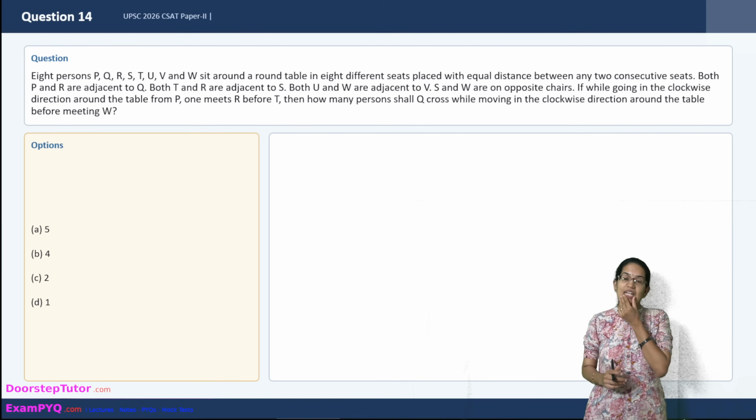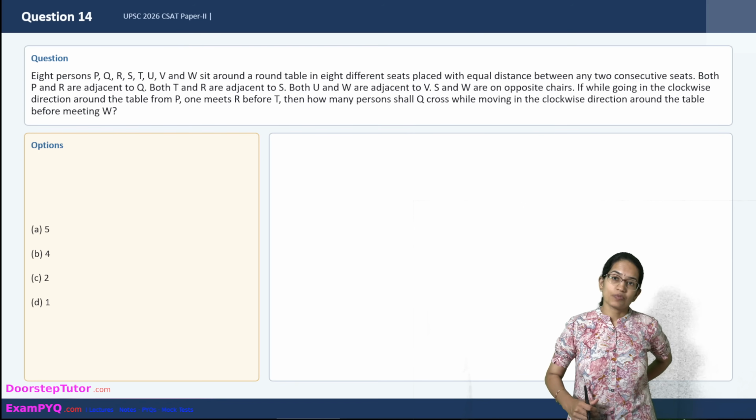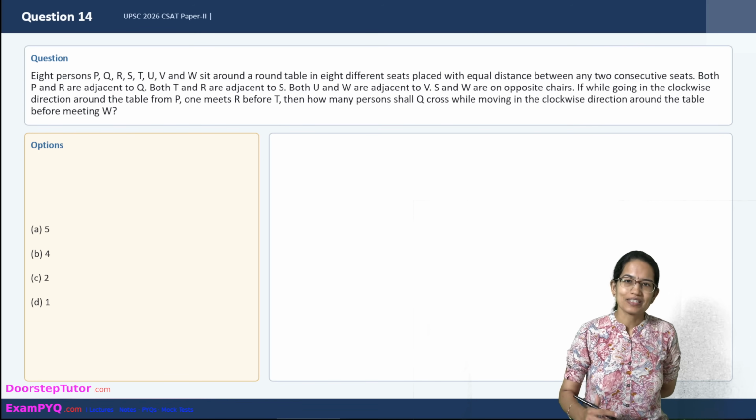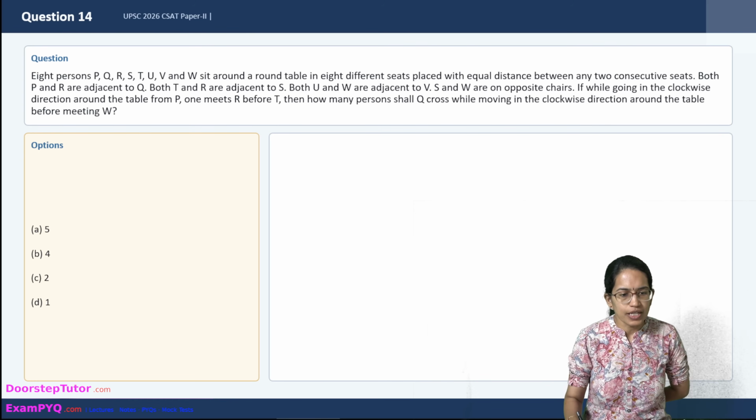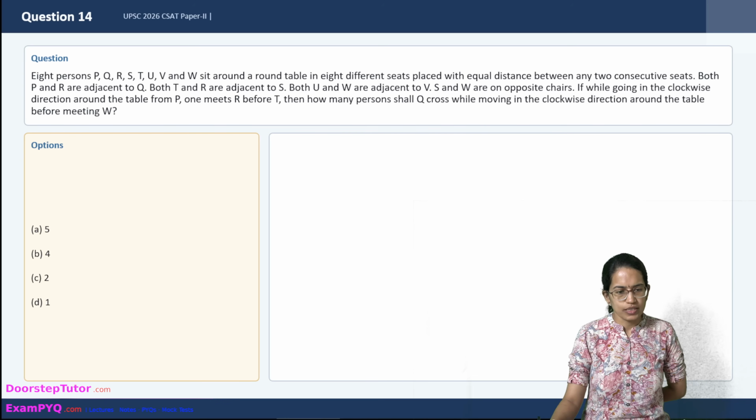This is a very interesting analytical problem on sitting arrangement. We had discussed it just before your examination, so if you had watched that video, you would definitely benefit. Now there are 8 persons sitting at an equal distance. Both are important to understand. P and Q are adjacent. P and R are adjacent to Q, right?